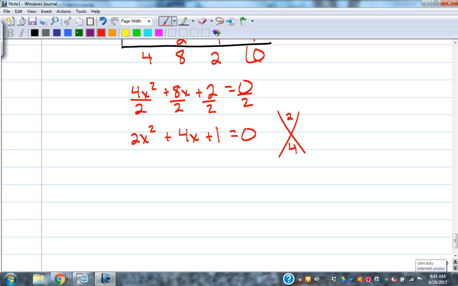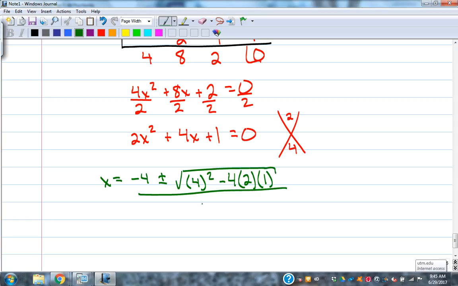So let's do that. X equals negative b plus or minus the square root of b squared minus 4 times a times c, divided by 2a. And work it out.